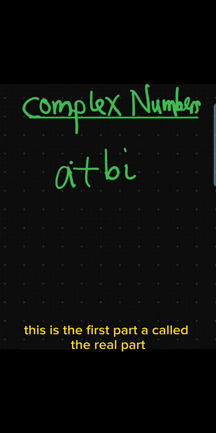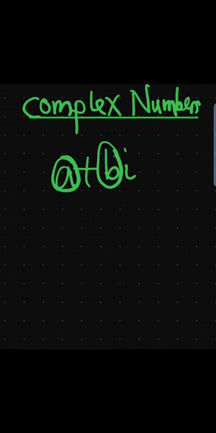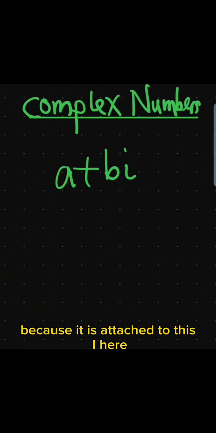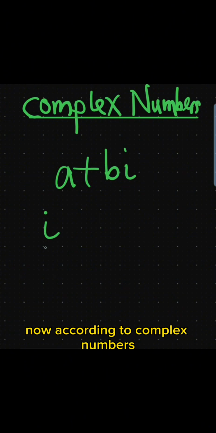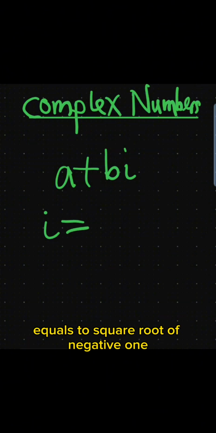The first part, a, is called the real part, and the second part, b, is called the imaginary part. B is called the imaginary part because it is attached to this i here. According to complex numbers, the value for this i is equal to the square root of -1.